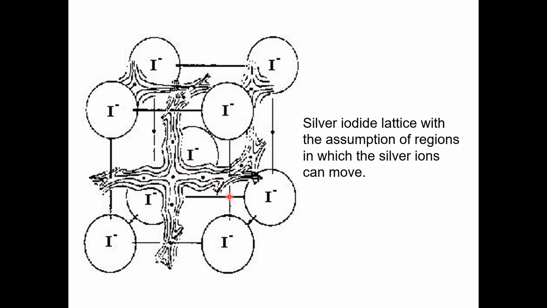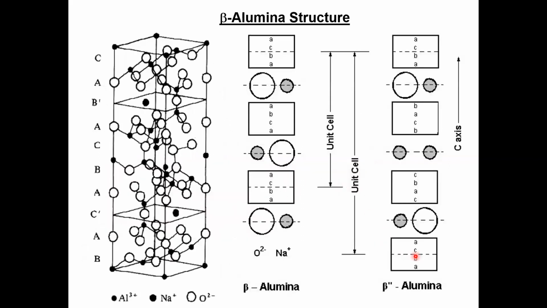You can see in a material like this, the iodine sublattice is very rigid, but the silver sublattice is highly disordered. And this high disorder gives an indication of shallow potential, as well as this connected pathway throughout the lattice.